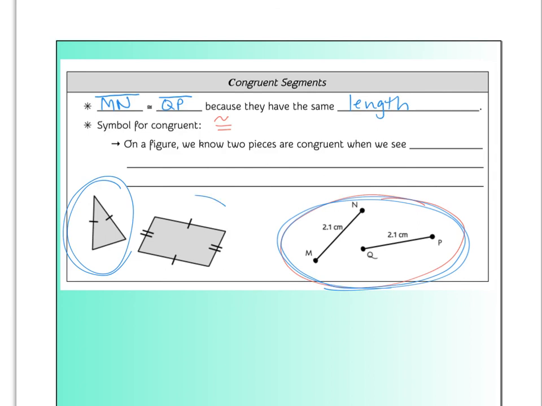Or here we have a parallelogram, and we can see some sides have one tick mark on them. That means those two sides are congruent, while the other two sides have double tick marks, so they're congruent. But all four are not congruent to each other. So on a figure, you will know if two pieces are congruent if you see matching tick marks.